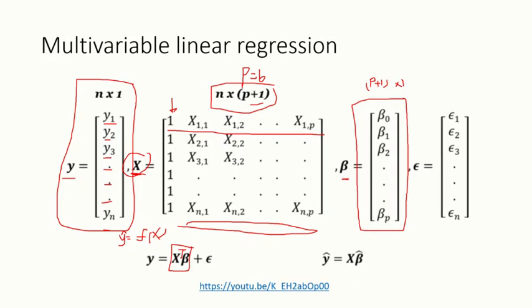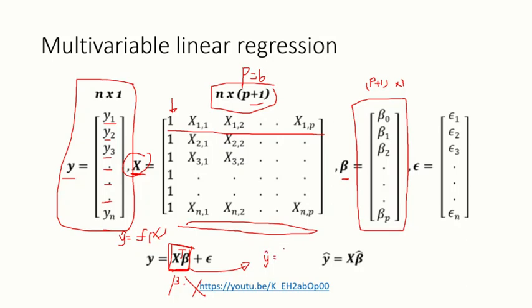Sometimes you write beta times x, sometimes you write x transpose times beta. Just make sure the dimensionality is right, to let you do this multiplication between the vector and the matrix. The end product of this will be a vector of estimated y, okay? So the end product will be y hat.